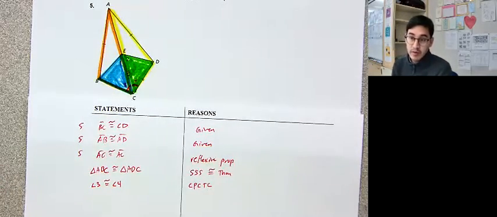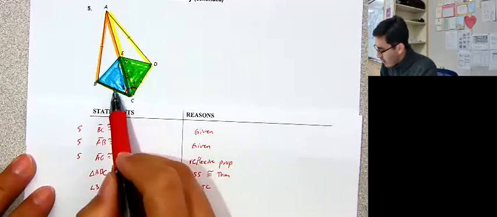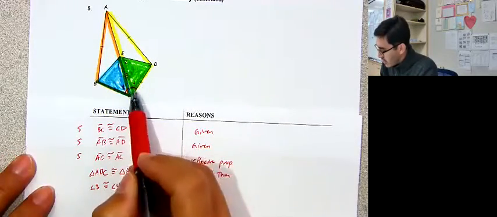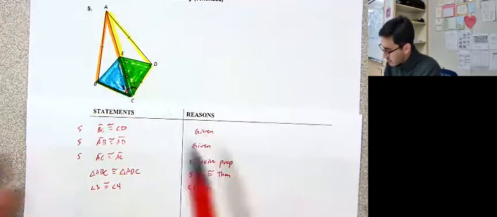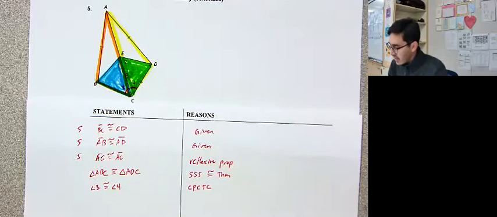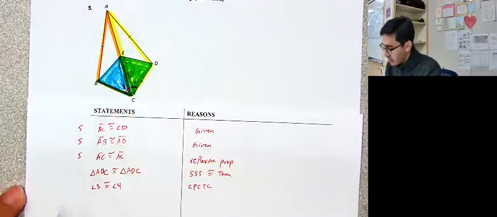So now we're focusing on just the blue and the green triangles. They have one pair of congruent sides, a pair of congruent angles, and they already have this other pair of congruent sides. So by the side-angle-side theorem, we can say that these two triangles are congruent.